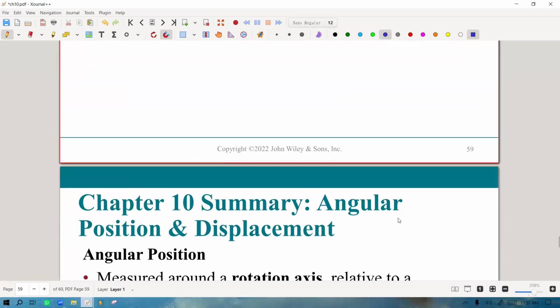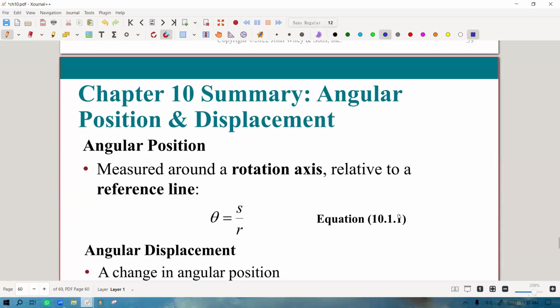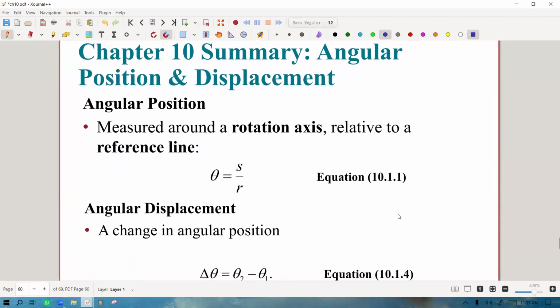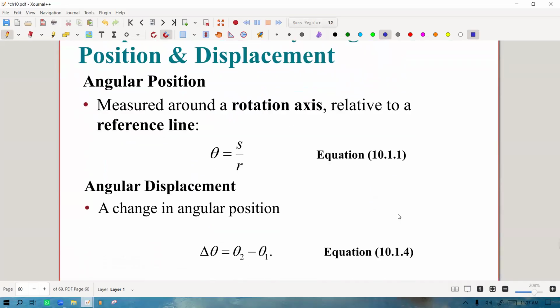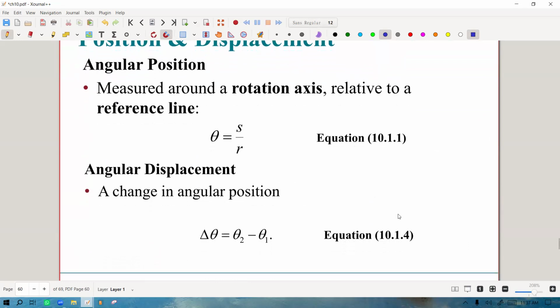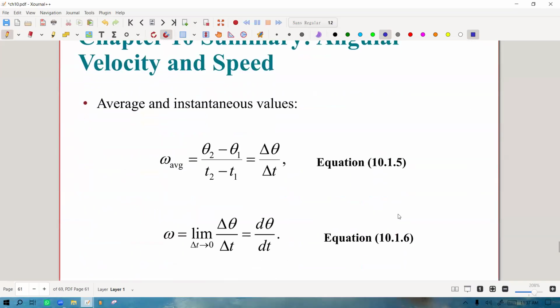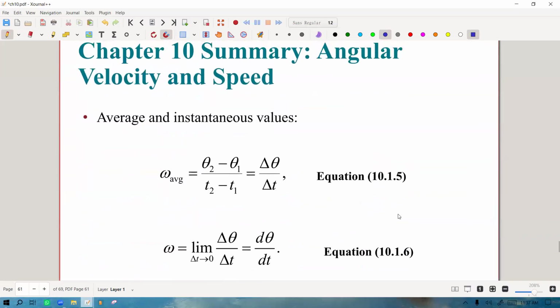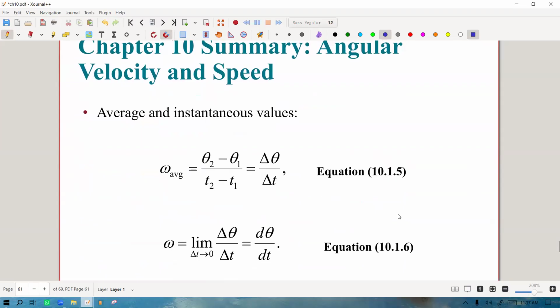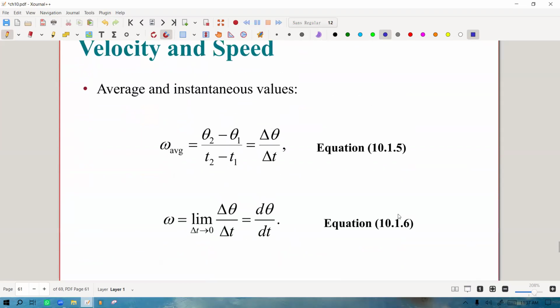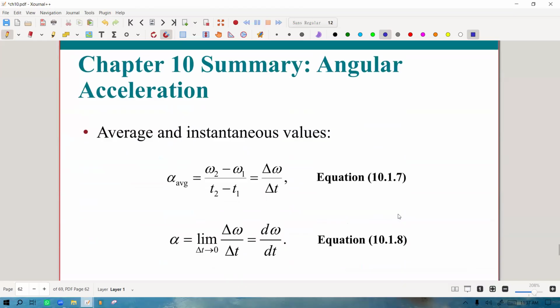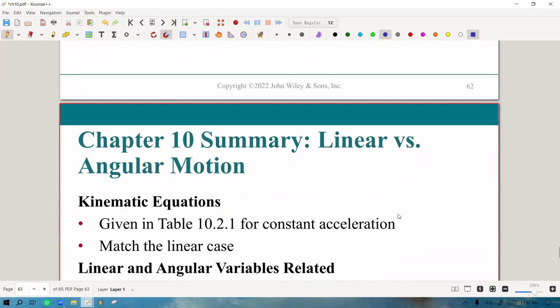Okay, in conclusion or summary: angular position and displacement. The angular position is measured around the rotational axis relative to a reference line. Theta equals S divided by R. Angular displacement, delta theta, is theta final minus theta initial, and then the angular velocity or angular speed. So this one is the angular acceleration.